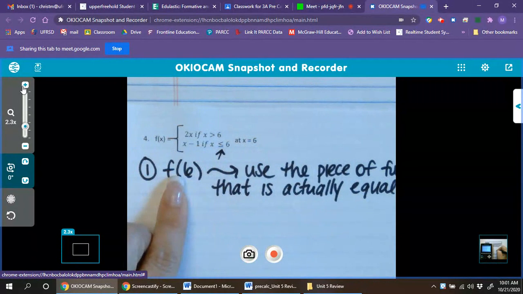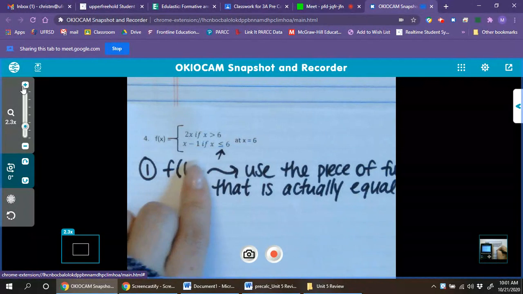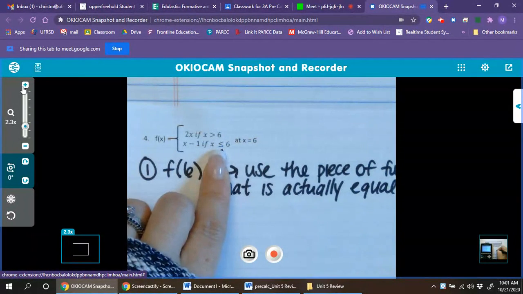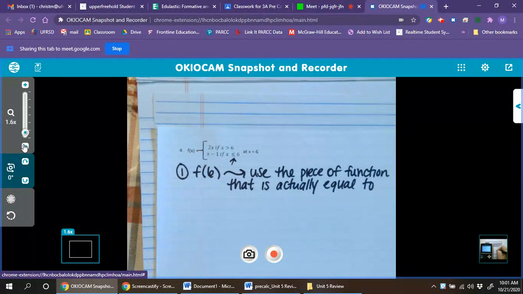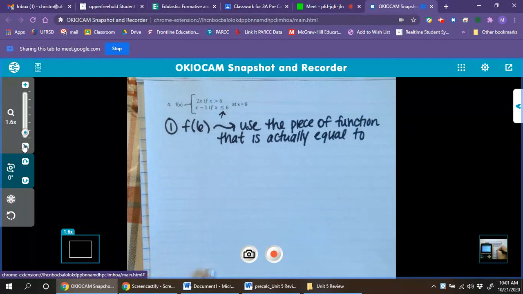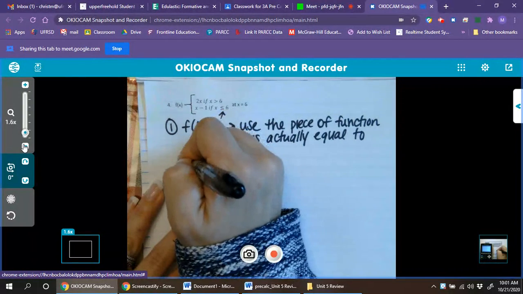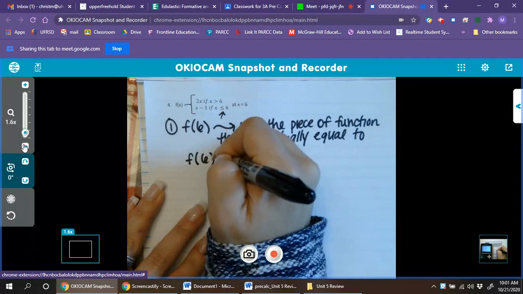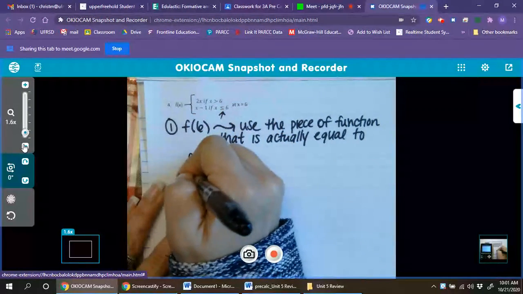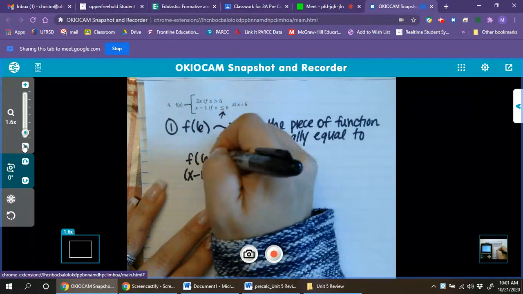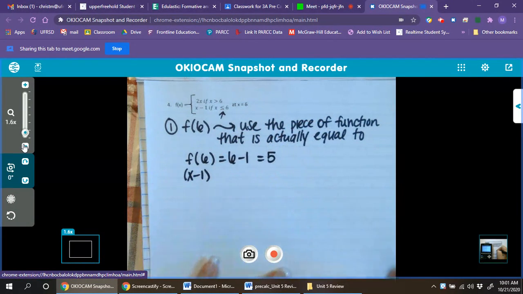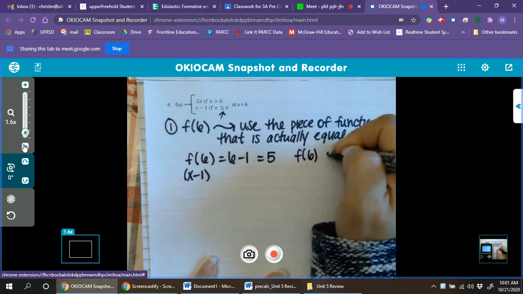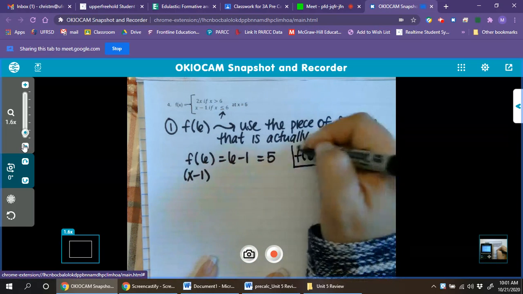So for step 1, when I evaluate the function for piecewise, I'm using the one that says equal to. Only one of them is actually going to be equal to, because otherwise it's not a function. So I'm using x minus 1 to do this part. Okay, so f of 6 equals 5.